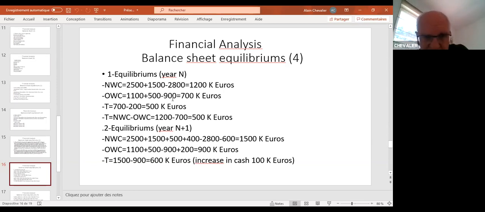It can be financed only by the net working capital, or if part of the net working capital was used to finance, for example, a new investment or an acquisition, it could be also financed partly by the short-term financial loans.